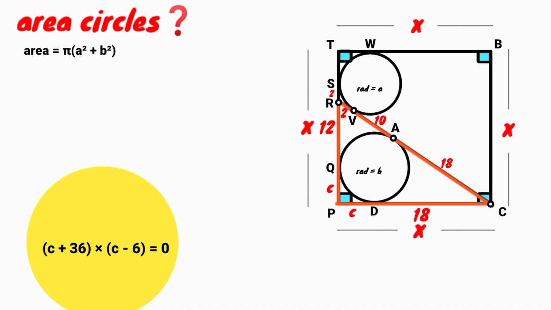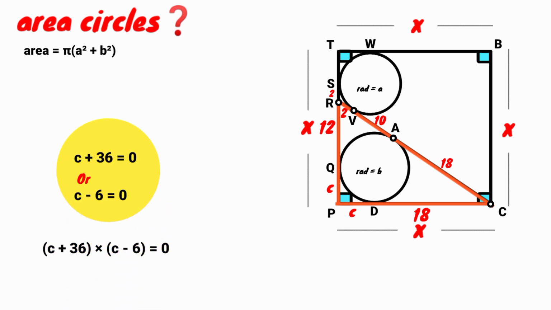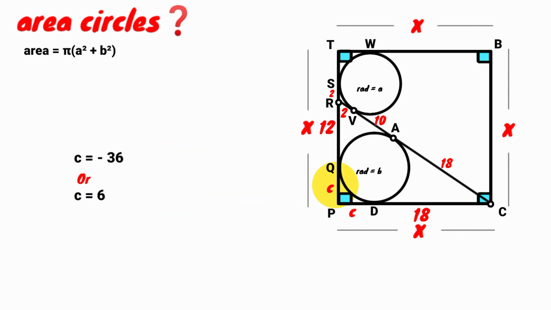So it is c plus 36 times c minus 6, which equals 0. That is c plus 36 equals 0 or c minus 6 equals 0. Make c the subject. So c equals minus 36 or c equals 6. c is the length of this line segment. It cannot be negative. Therefore, this can't be the length. So c equals 6. That is, this segment and this are 6 units in length each.